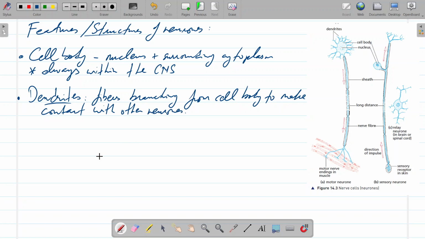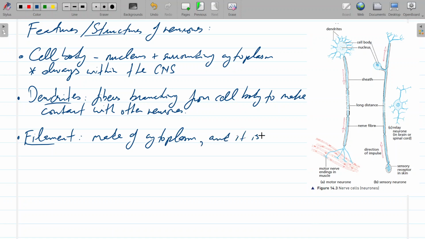You can see in the image the dendrites, and then you've got this long filament, this entire long filament, that is made up of cytoplasm from the cell.